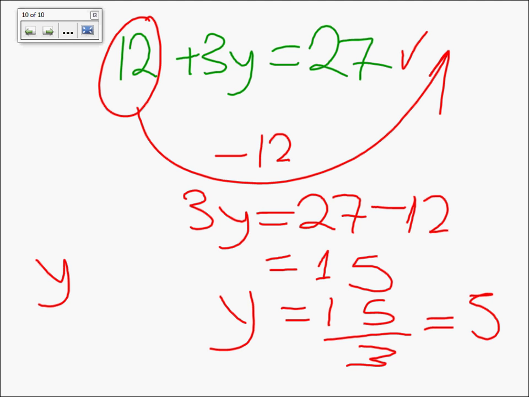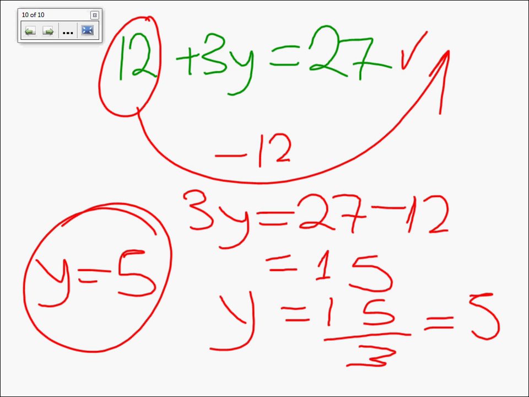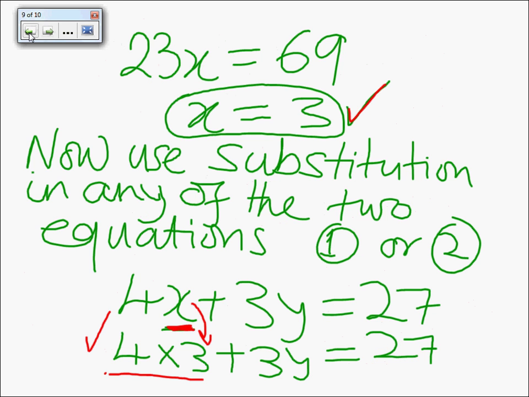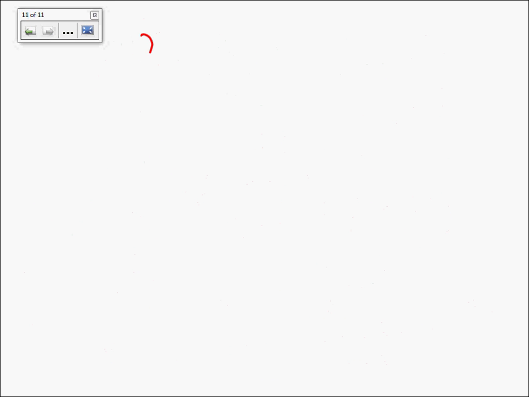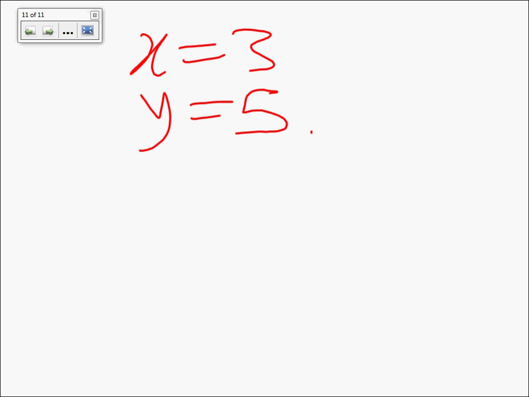So once you work it out, y is 5, you have two values now. x is 3, y is 5. So your final answers will be x is 3 and y is 5. You have now solved a system of simultaneous equations.